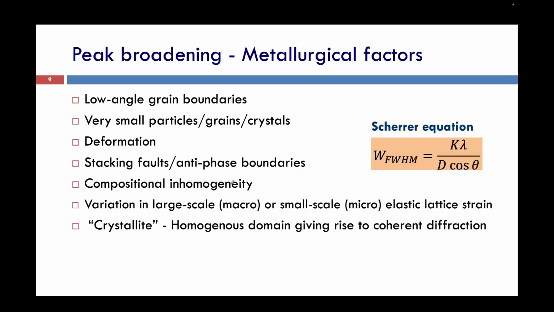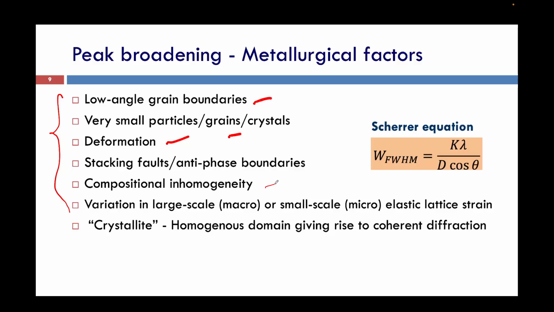Now this slide I think we covered in the last class, where due to different types of causes our broadening will be there: low angle grain boundary, small particle size, grain crystal deformation, which means the D value will vary, and stacking fault or antiphase boundary, compositional inhomogeneity. Due to all these factors, some amount of broadening will be associated also.